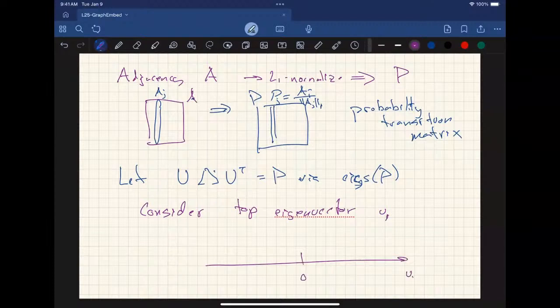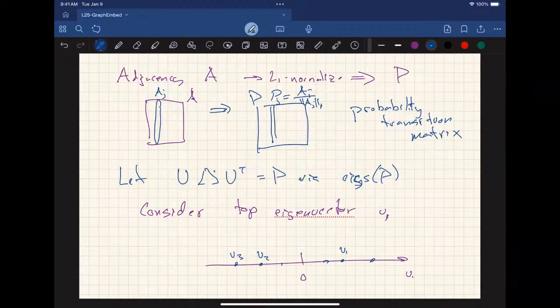a line, with 0 here. This is U1, and I'm going to get a bunch of V1, V2, V3. I'm going to draw all the vertices on a line now based on their coordinates in this U1 vector, right?